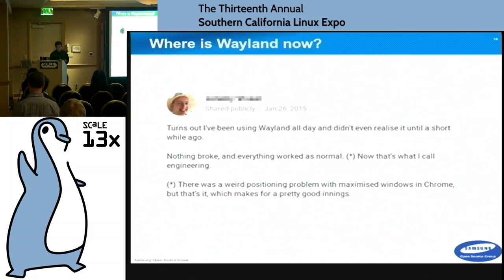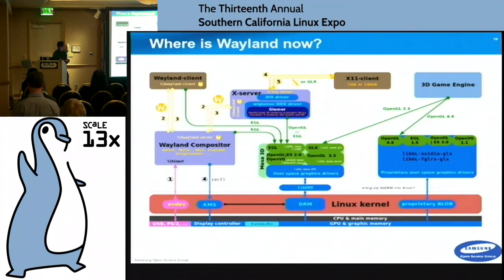And that brings us on to the next most complex pretty picture of where is Wayland now, which ties in perfectly. What if I have a legacy X client? Well, here we have, in this regard, the X client is going to talk to the X server, might be going through Glamor, which talks to Mesa 3D, which gets into the hardware.